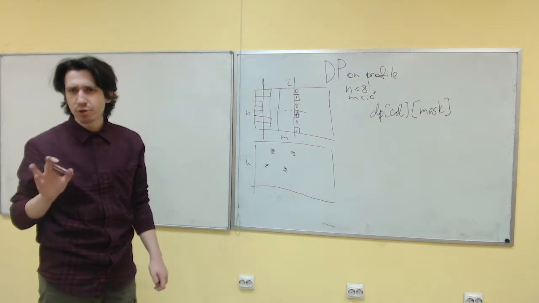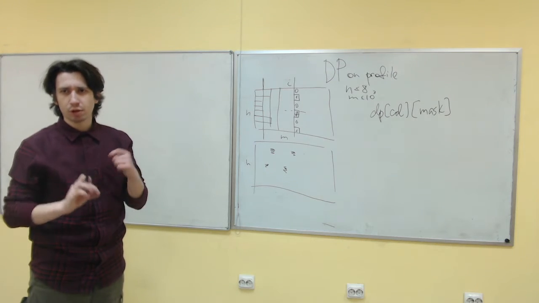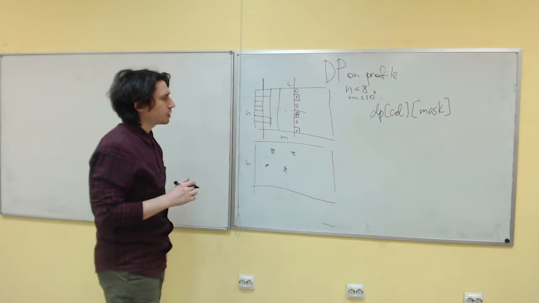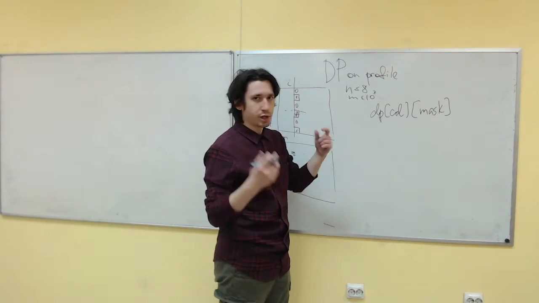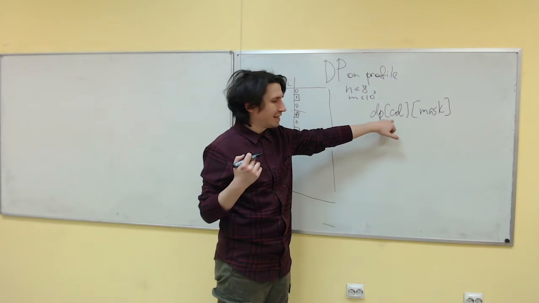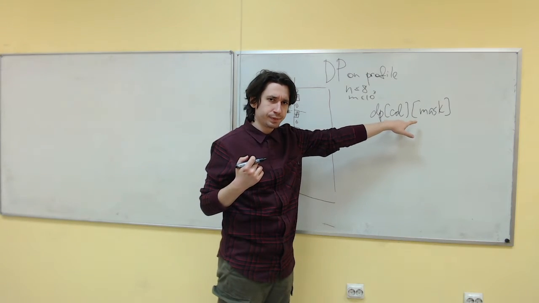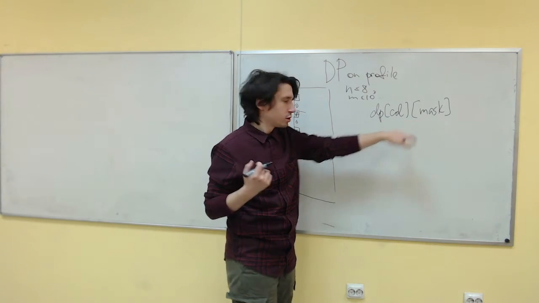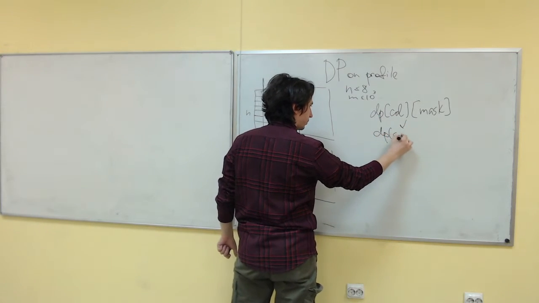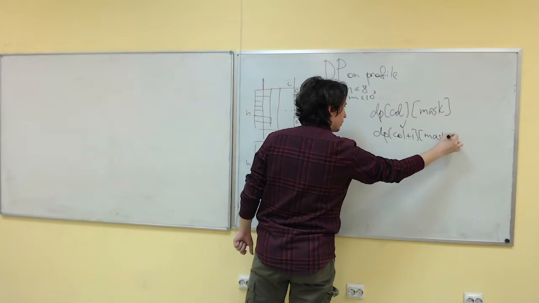The first dynamic programming profile that we will be talking about is a little bit complicated. We will talk about how to improve it later, but let's start from the first. The first idea that comes to mind is that we can change the column and calculate the new mask. So we want to come from this state to dp of col + 1 with some new mask.